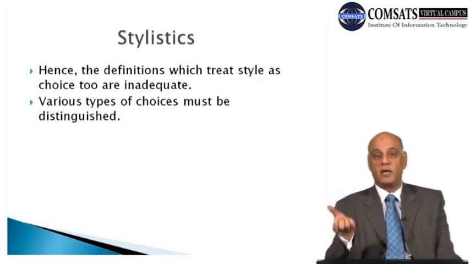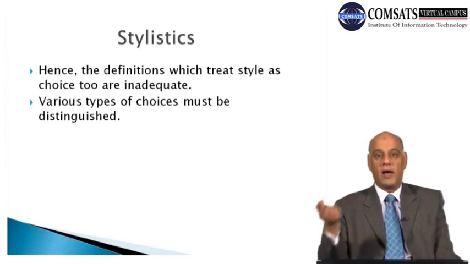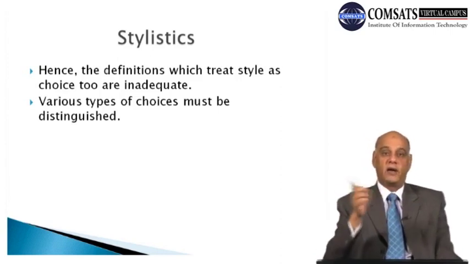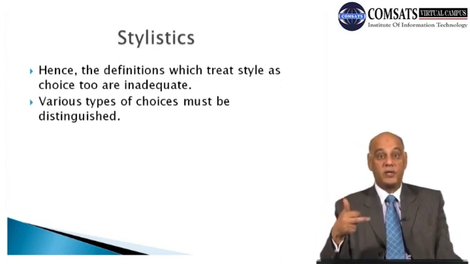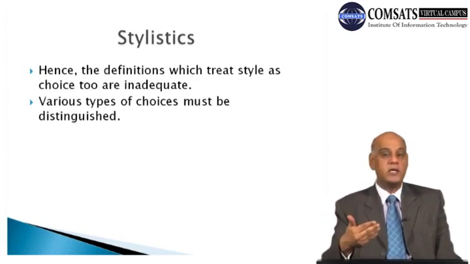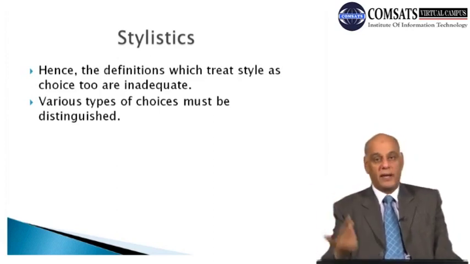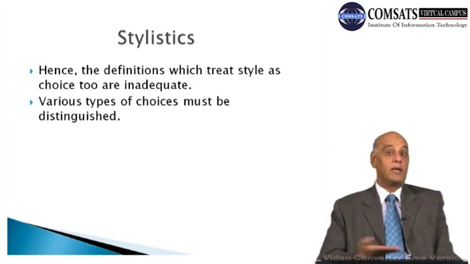Sometimes if you just make a choice, the sentence would go wrong, as we saw in the case of to eat loves a child. So the choice has to be clarified. What choice? The linguistic choice, the stylistic choice, the grammatical choice. So it's not a matter of only making a choice.